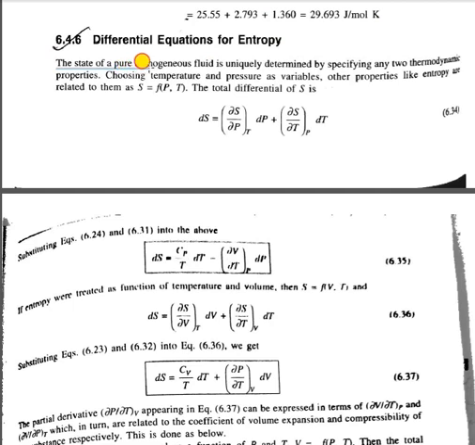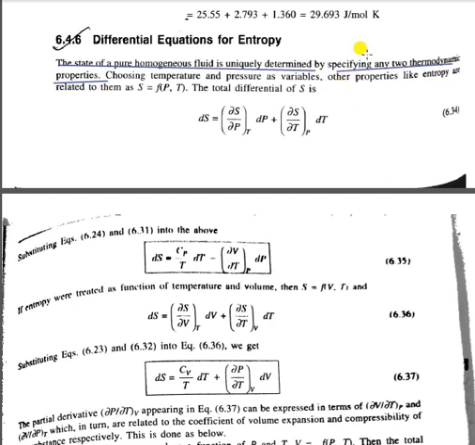The state of a pure homogeneous fluid is uniquely determined by specifying any two thermodynamic properties. કોઈ પણ pure homogeneous function હોય, homogeneous that means all these reactants are present in a single phase, in the same phase.